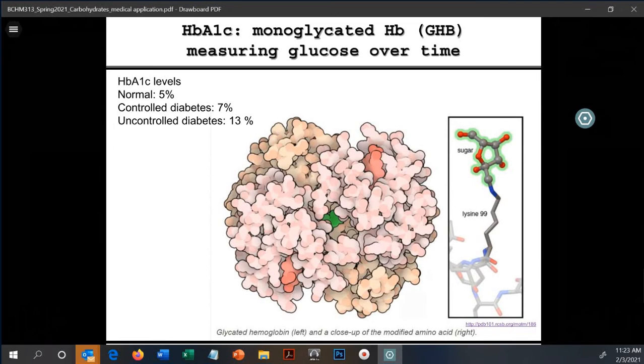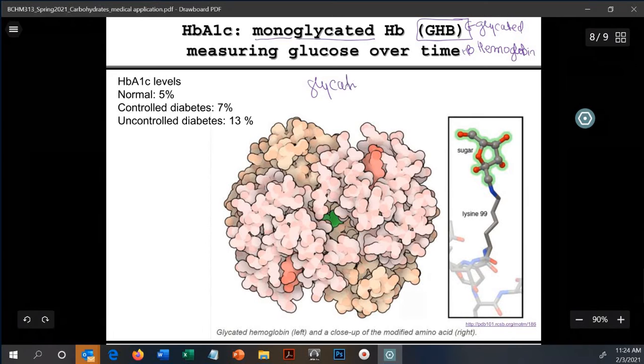So HbA1c is monoglycated hemoglobin, and it's also referred to as GHB, glycated hemoglobin. Glycated is an important word.